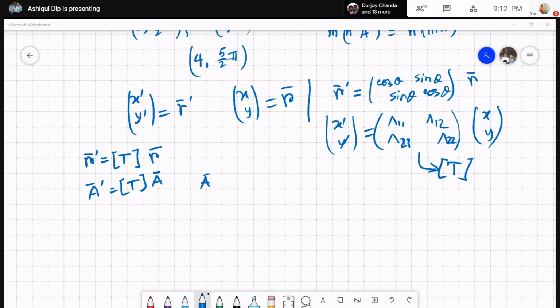Is anyone here? Yeah. Okay. I have a question. We can see that a vector 4 and 5 by 2 pi. My question is why it is not considered a vector?